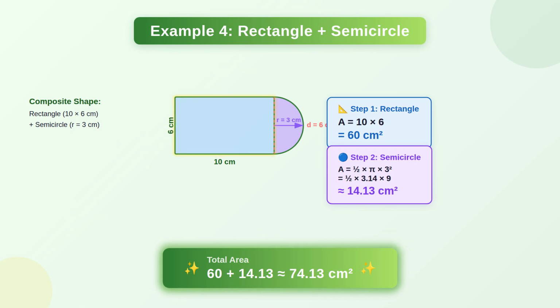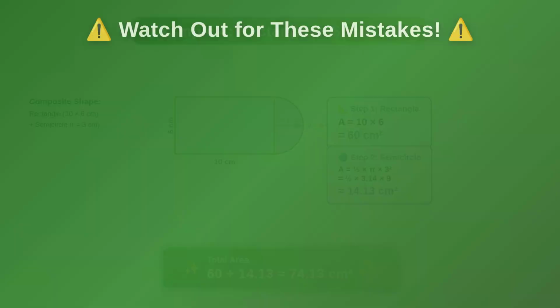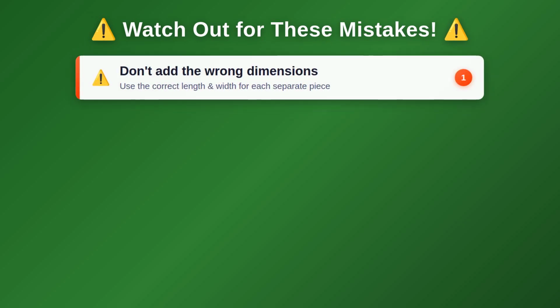Area of semicircle, 1/2 times pi times 3 squared. That's 1/2 times 3.14 times 9, which equals about 14.13 square centimeters. Total area, 60 plus 14.13 equals approximately 74.13 square centimeters. Pretty satisfying when it all comes together.